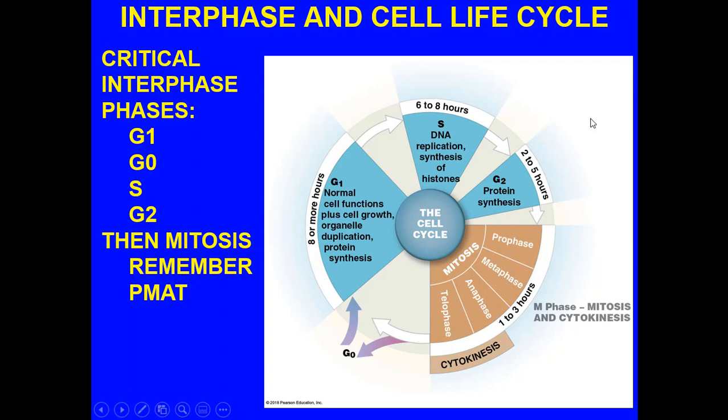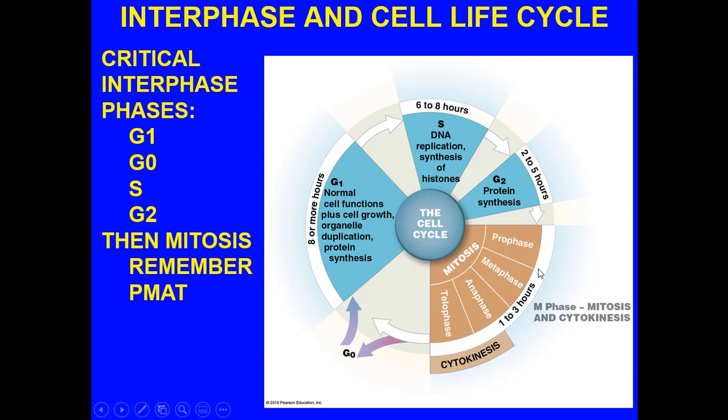G2 is the final process before you start mitosis. In G2, you're going to do some selective protein synthesis. One of the selective proteins well known to be made in great quantity is tubulin, because tubulin is going to be necessary to make the spindle fibers that will separate the chromosomes as part of the spindle, which we'll get into in a few minutes.